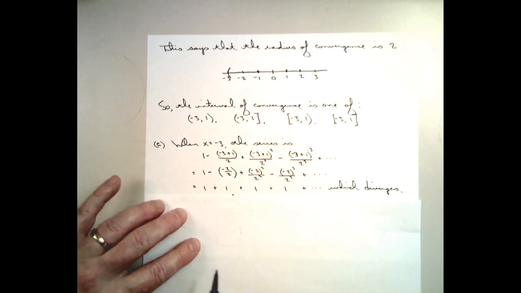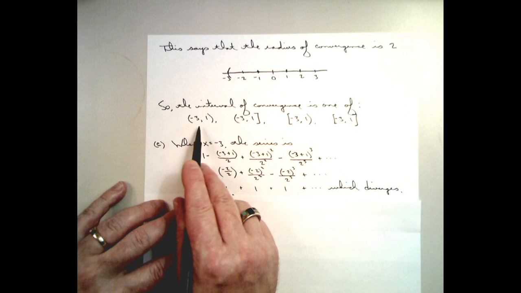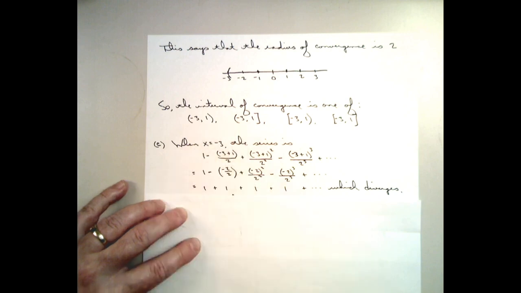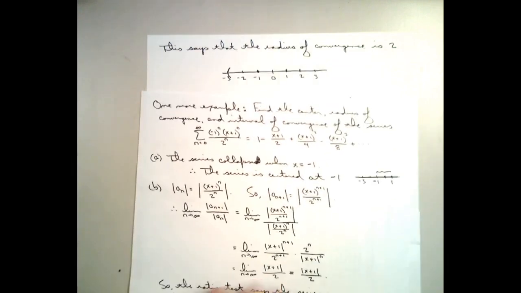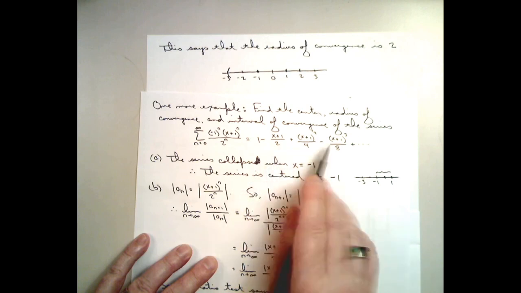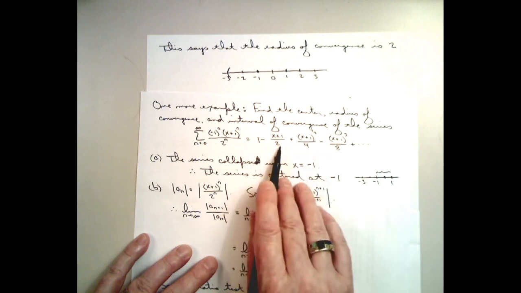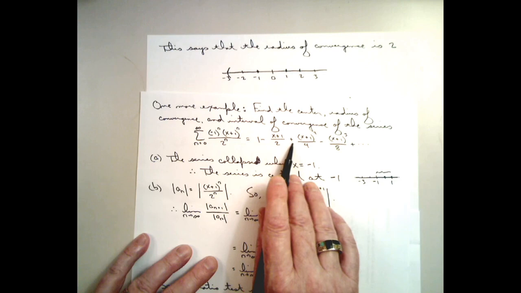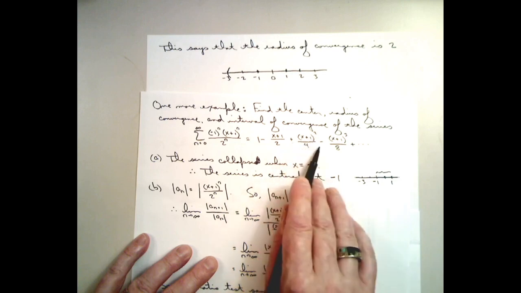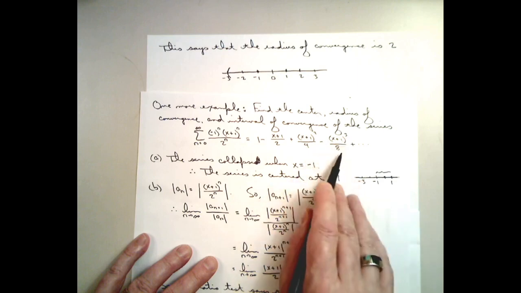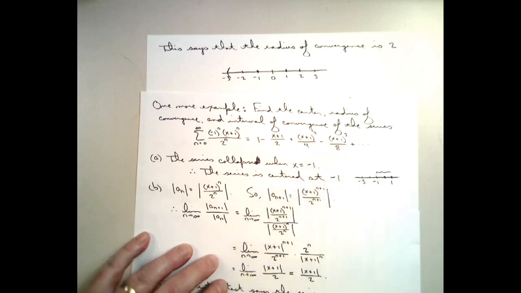Right? So now either the first or the second one is going to be the winner. Whenever x is 1, what does the series look like? Well, again, here's my series. And so whenever x is 1, I'm looking at 1 minus 2 over 2 plus 2 squared over 4, 4 over 4, minus 2 cubed over 8, 8 over 8, and so on.